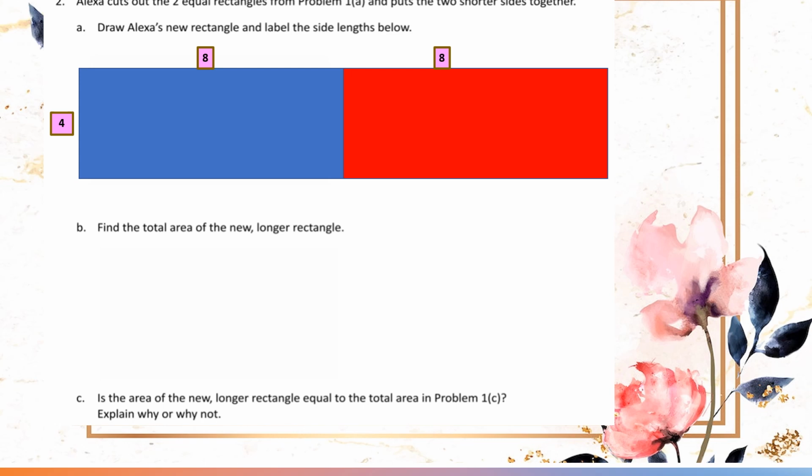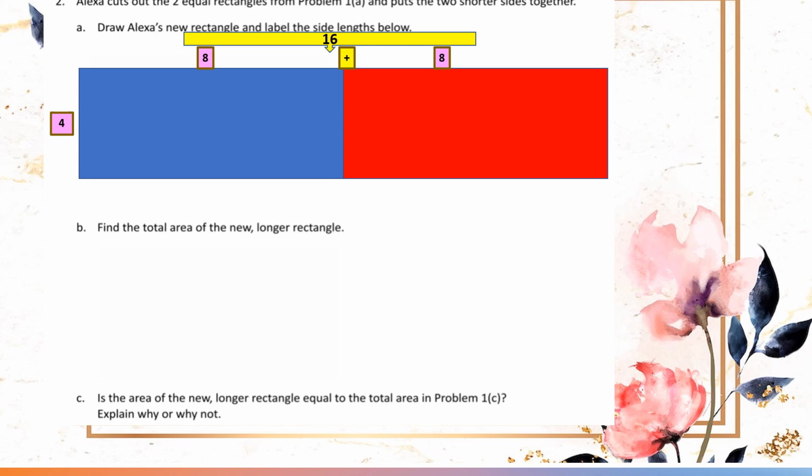My length is 4, right? But my width is longer because I have my blue one pushed together with my red rectangle now. It's no longer just 8 by itself. It's 8 plus 8. So my new width is 16.